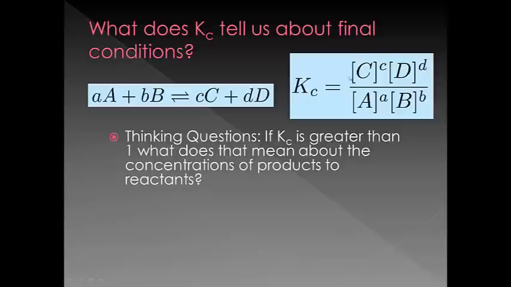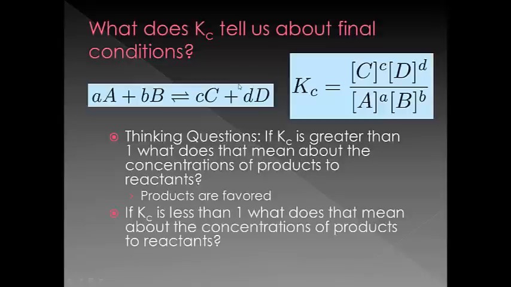So that must mean that C and D, in this case, are larger than A and B. So products are favored. Now, conversely, if Kc is less than 1, that means that the denominator must be bigger than the numerator in order to make Kc less than 1. So if the denominator is bigger, that means that the reactants are favored.